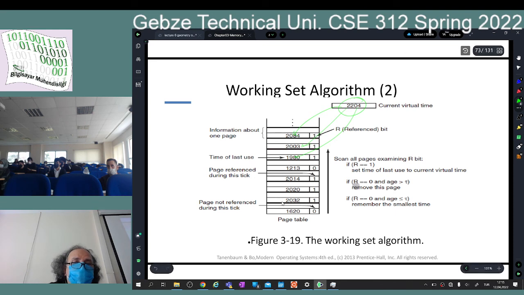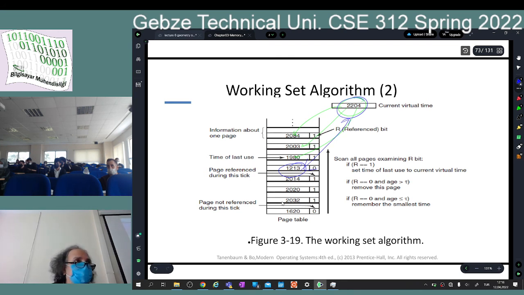If R is 0, if I did not reference that page, then I will calculate the age of that page. How do I calculate the age? I will take the difference between the current virtual time and the time of last use.